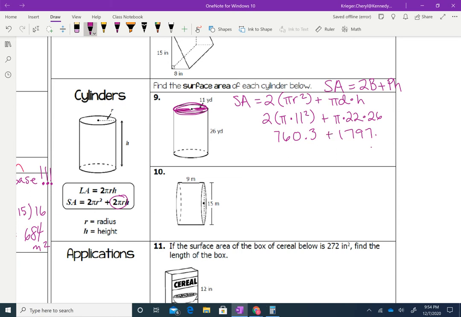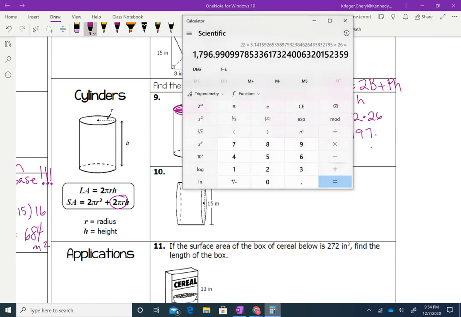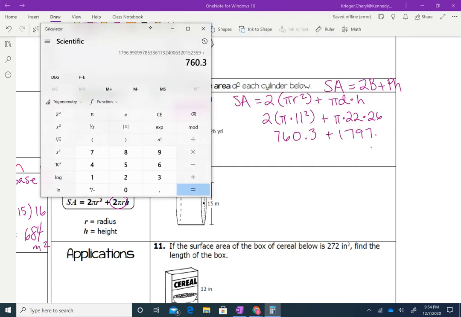Okay, so we'll add the 2 bases to that number. So plus 760.3. I think that was 760.3. Yep.